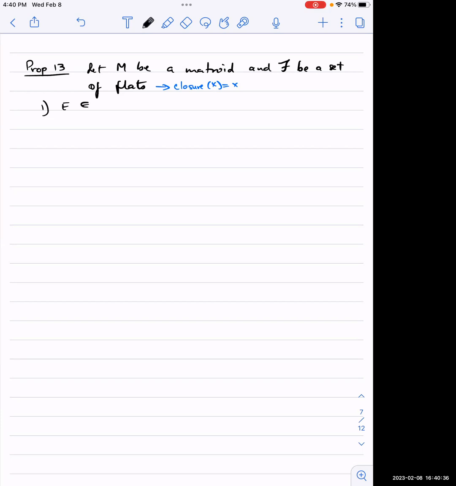The trivial axiom: the whole set is a flat, E is in F. And 2, if F1, F2 is in F, then the intersection of those two sets is also in F. So the intersection of every pair of members of F will also be a closed set.